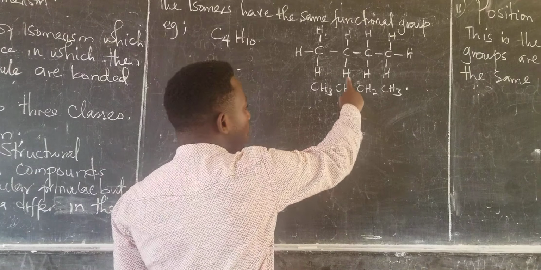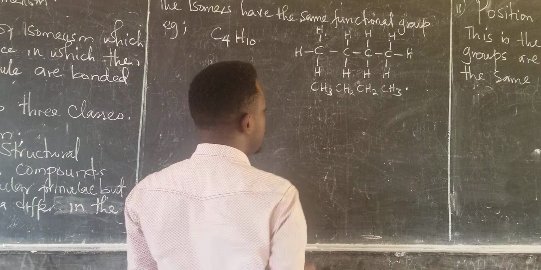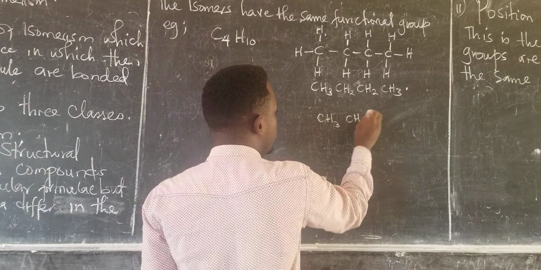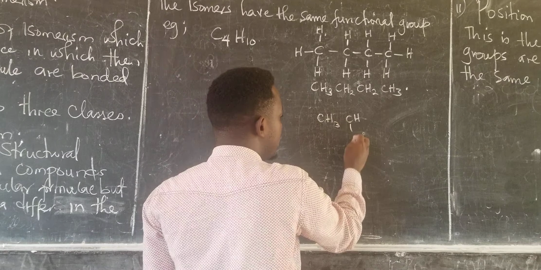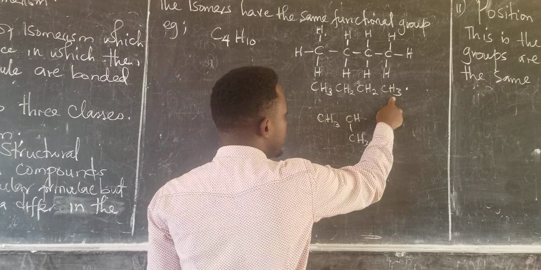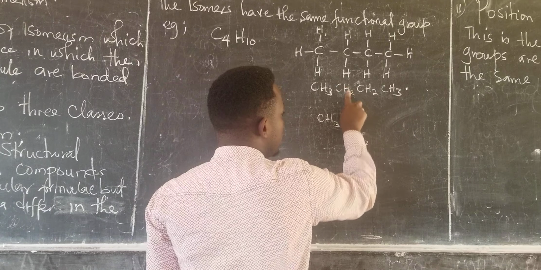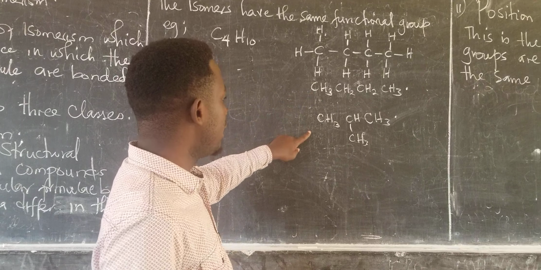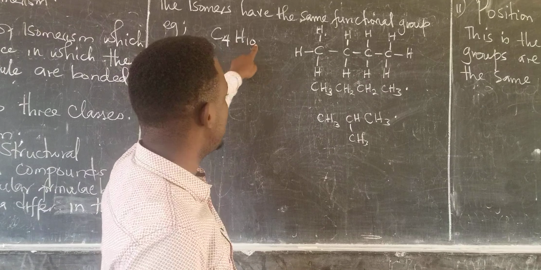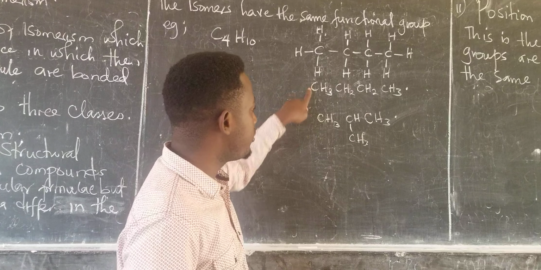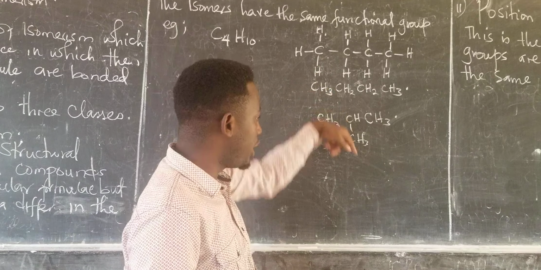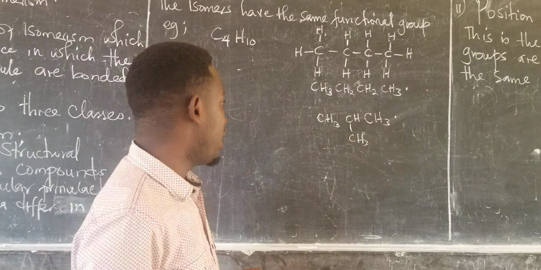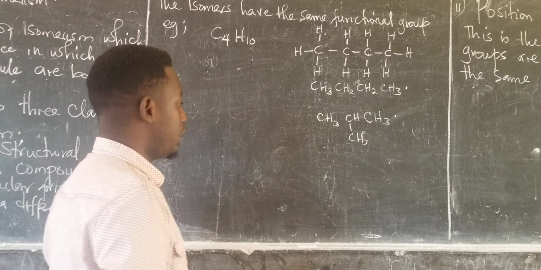We are going to replace one of the hydrogens here with a CH3, and then it will become CH3, CH, CH3. When you look at this and this, they are all C4H10, but their structures are different because of the difference in the chain. This one is straight, however this one has a branch, but all of them are C4H10.